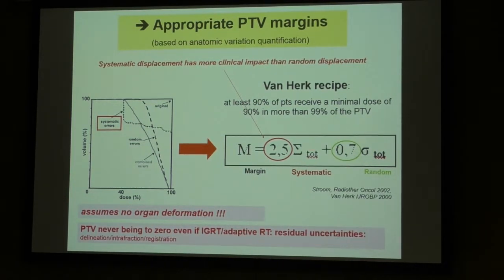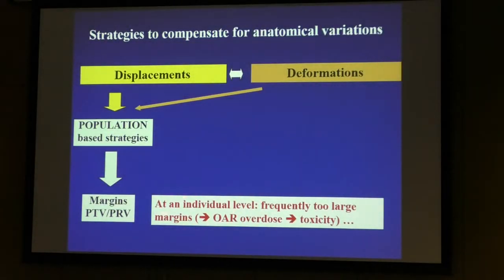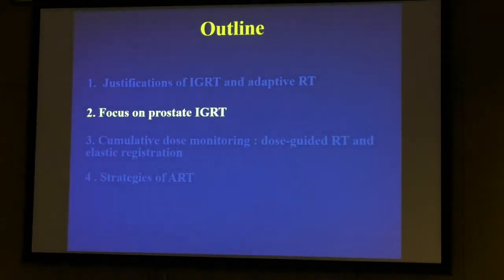But you must also keep in mind that even this PTV definition takes displacement into account, but not deformation. This is the first limitation of this approach, and this is a population-based approach, not a patient-based approach. So there was really a need to develop personal approaches.